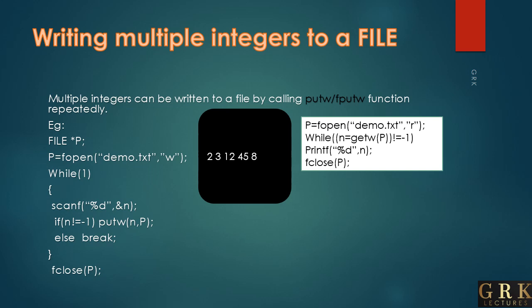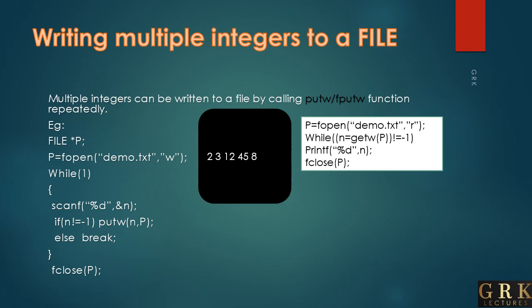Printf is a predefined function. Like this, that loop will be repeated until the n value equals -1. If it is -1, we have reached the end of the file, and we come out of the loop. Then the reading is said to be completed. Once reading is completed, the file should be properly closed by using the fclose function.